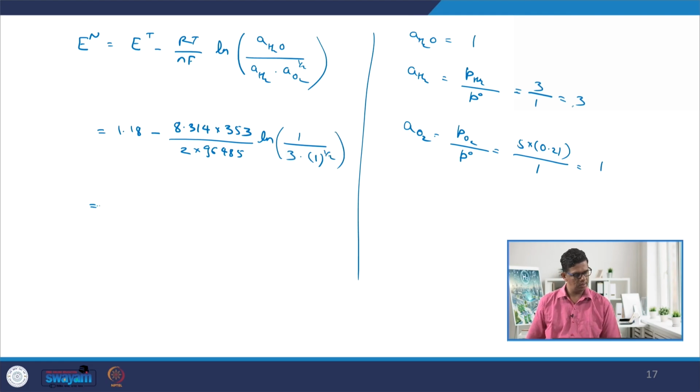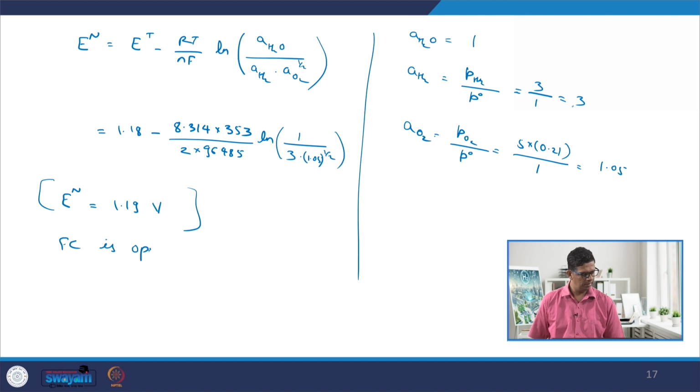If we solve this, it comes close to 1.19 volt. The activity of oxygen is a little over 1, actually 1.05, and that is why this term does not get cancelled out and it adds a little to the equation. That is how we get En as 1.19 volt.